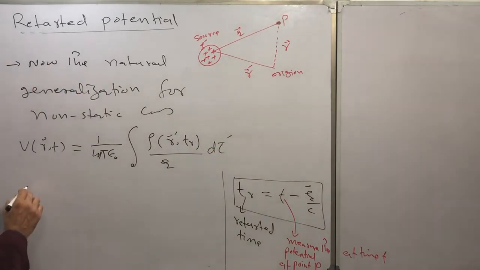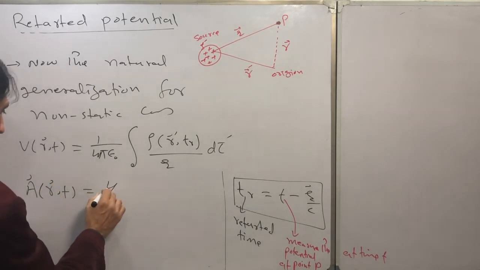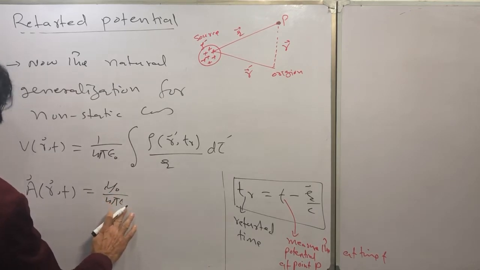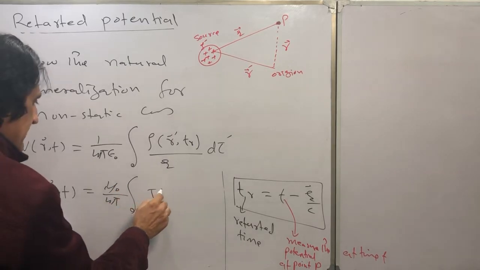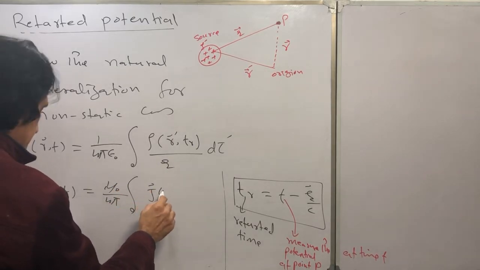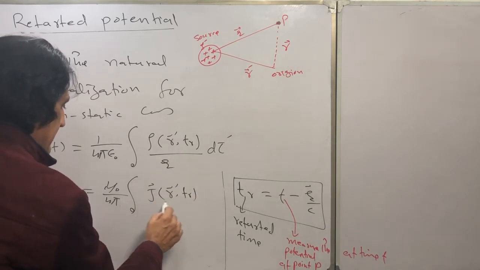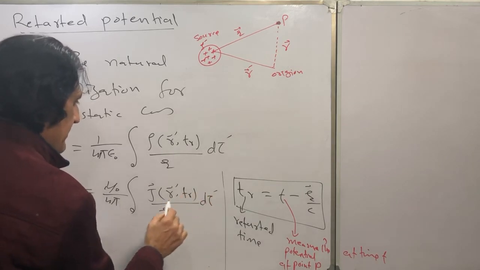And similarly, the vector potential A of R and t is equal to mu naught divided by 4 pi integral of J, the current density, of r prime and tr divided by curly r, d tau prime.